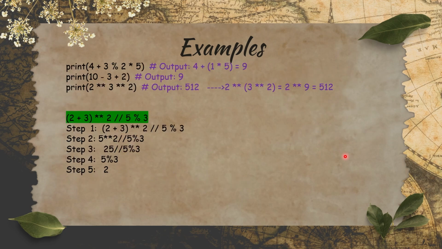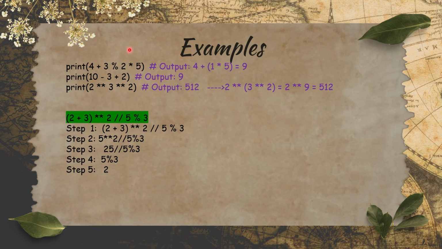Let's take one of the complicated examples where the operators are combined. Here in the first expression we see 4 plus 3 modulus 2 multiplied by 5. Now here we have to apply the precedence and associativity for all the operators. As we know from the list, parenthesis has the highest precedence, followed by exponent.